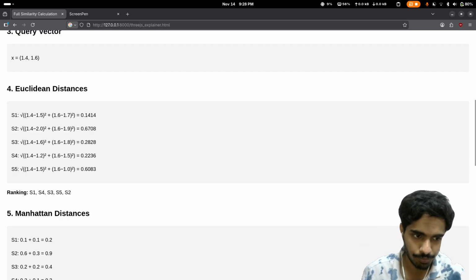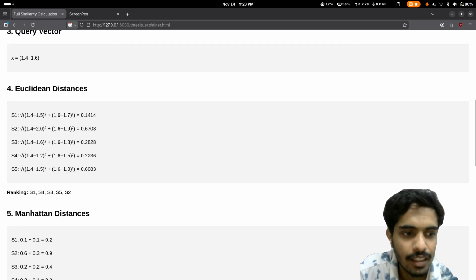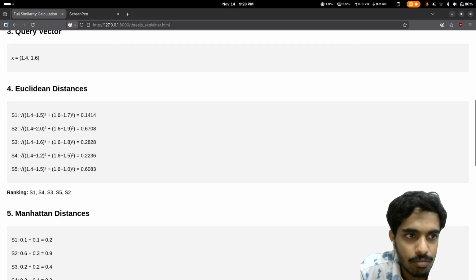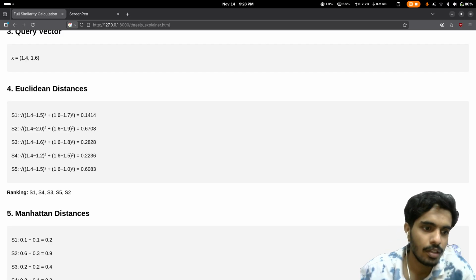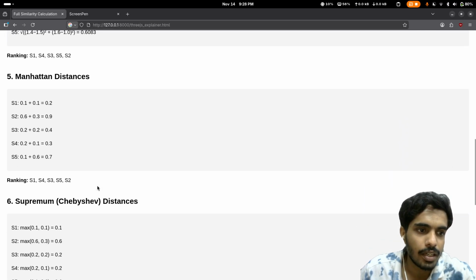This tells us that the foreign student is much more similar to S1 because its distance is very small compared to the others, and all the others are farther away. Similarly, the same thing happens with the Manhattan distance.